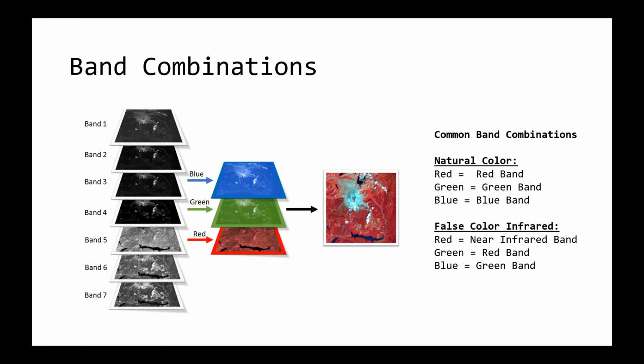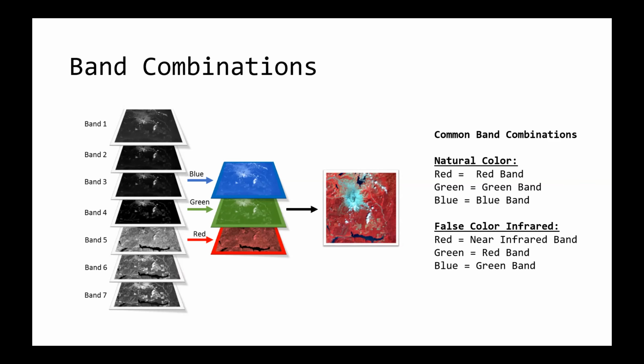In the middle here, you can see what we call the combination. Some of you may be familiar with a digital screen, which uses red, green, and blue values, or RGB, you might have heard it called, to construct the image you're seeing on the screen.